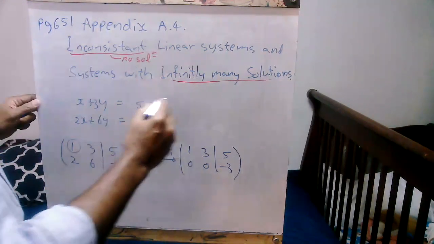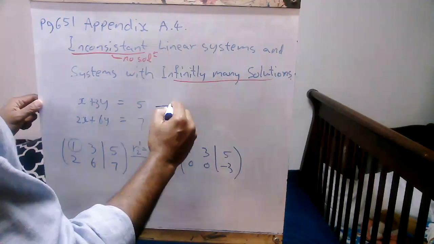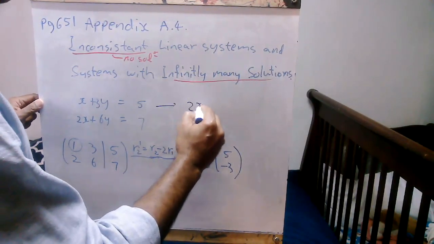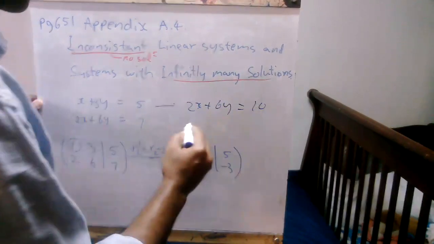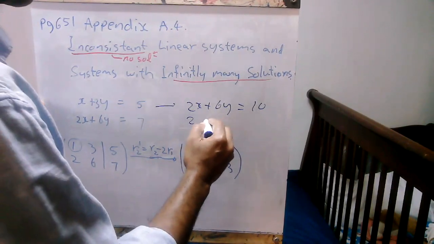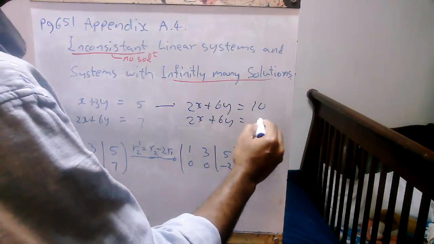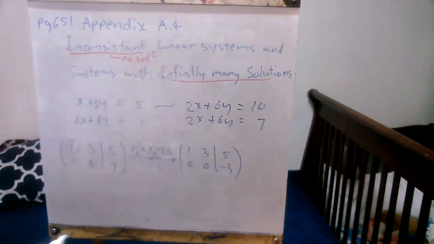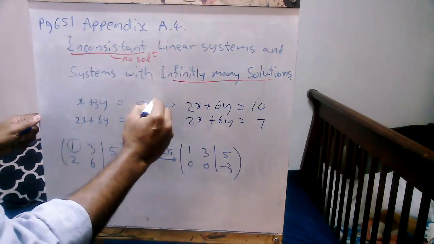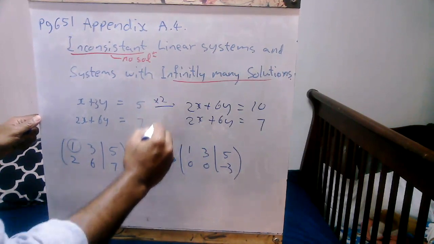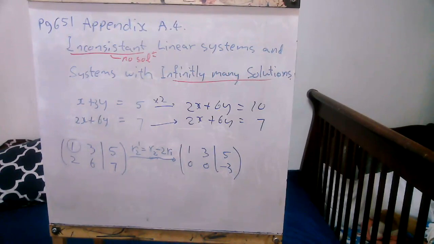If you do that, you will see that when you multiply the first equation by 2, you get 2x plus 6y equals 10, and 2x plus 6y equals 7. This is the second equation, this is multiplied by 2. Here we did nothing, I just wrote the equation.